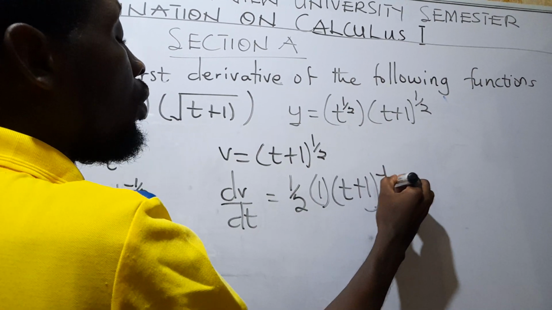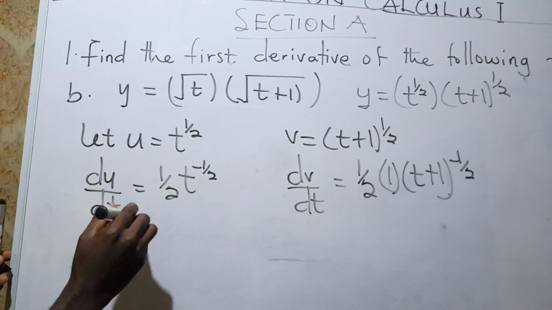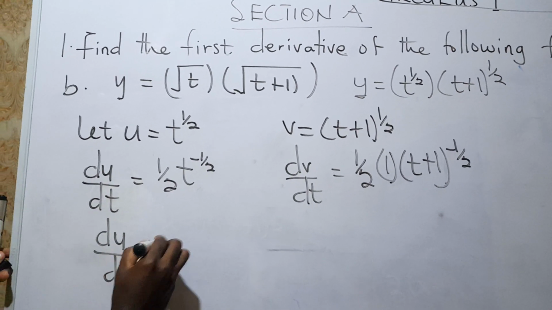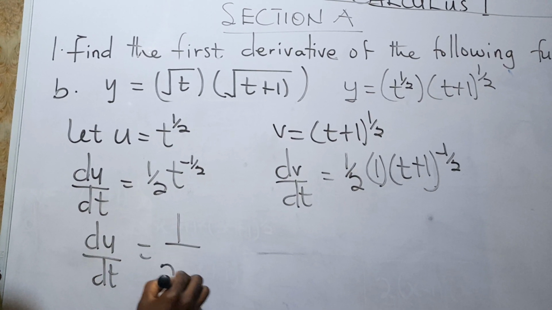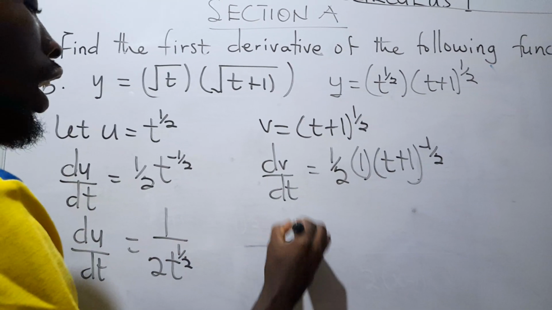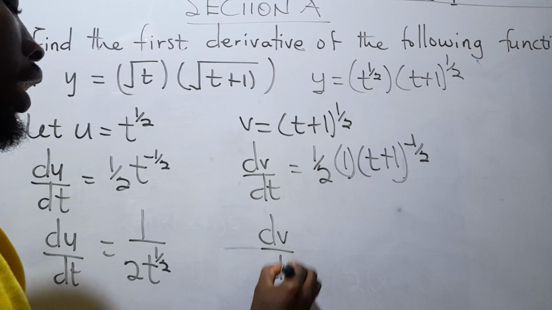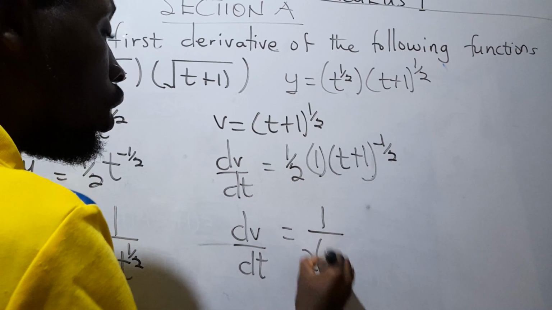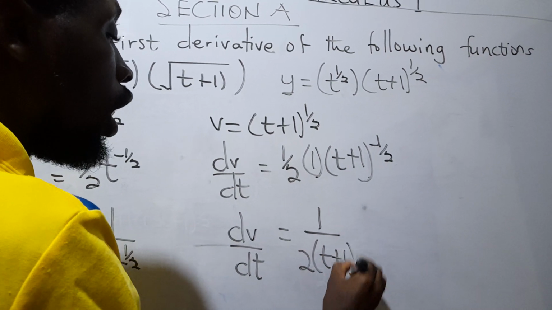We get negative half. We can rewrite this function. So our du over dt will be equal to 1 over 2 t exponent half using indices. Then our dv over dt will be equal to 1 over 2 (t plus 1) exponent half.